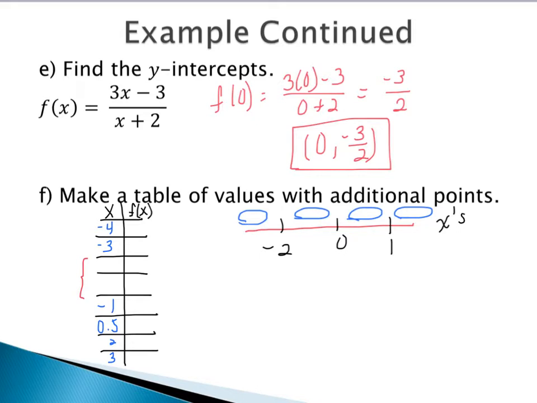So usually I try to go either a 10th or 100th in either direction. So for example, I'll take -2.01 and then on the other side -1.99. That way you can see what's actually happening with the graph to the left and to the right of -2 with that asymptote.